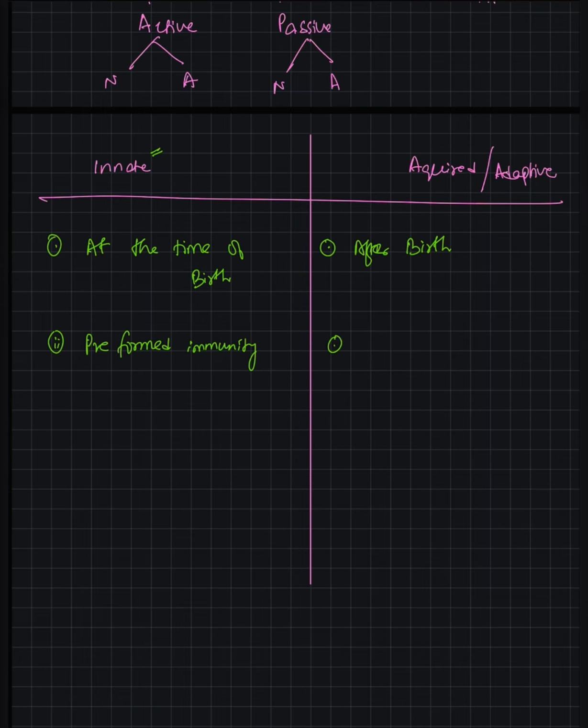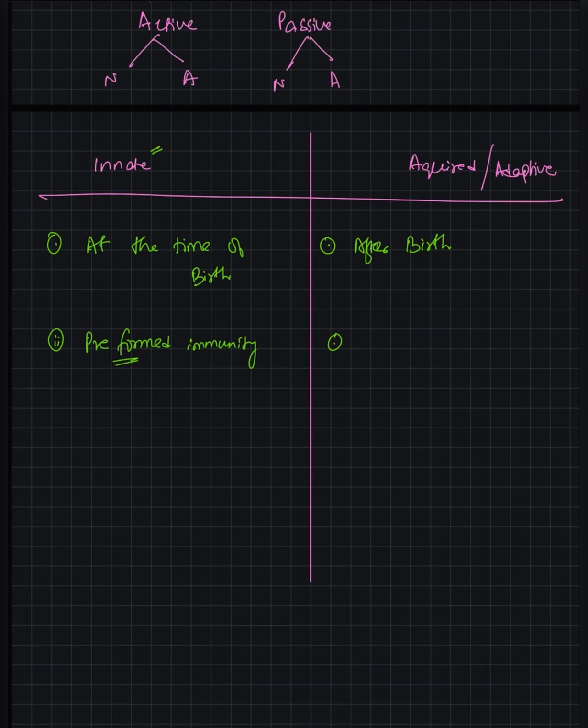And what about acquired? Okay, preformed immunity. Why do we call it preformed immunity? Because there is no need of antigen. No need of antigen for the innate immunity to occur.